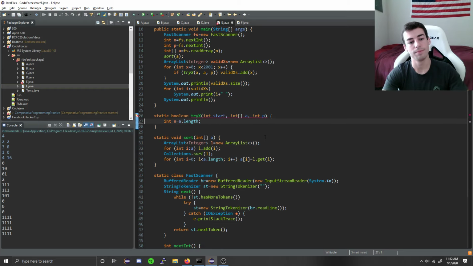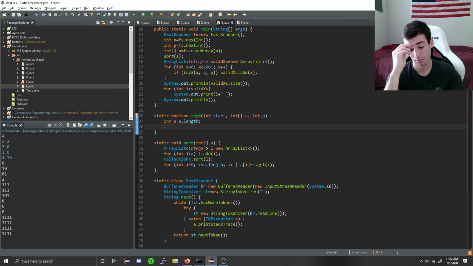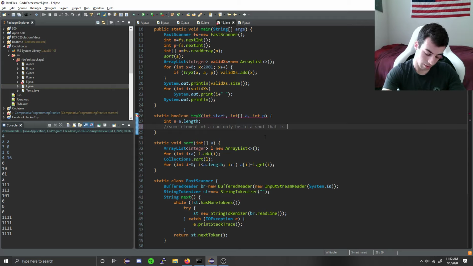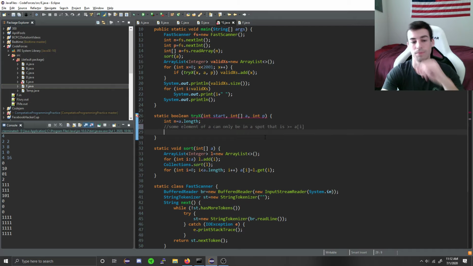Yeah, that's important. So some element of A can only be in a spot that is less than or equal to, or in a spot that's greater than or equal to it. So I guess let's just make this.